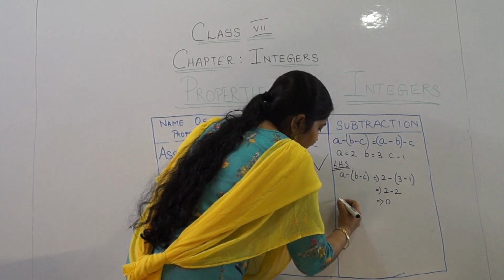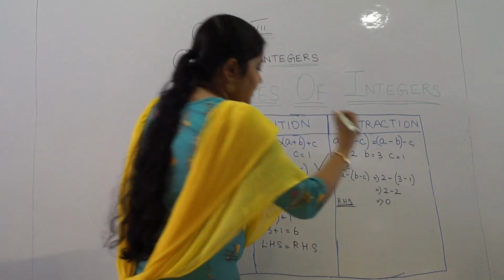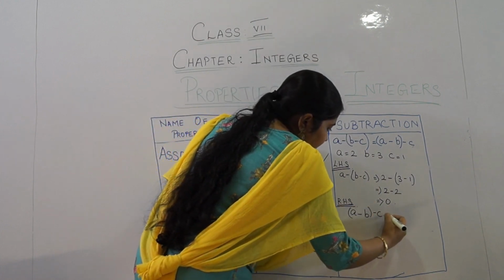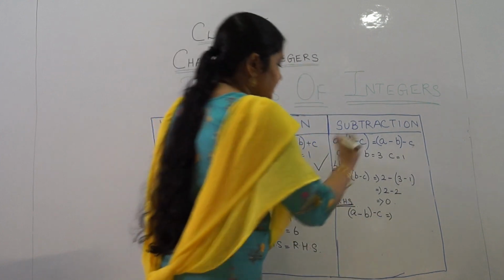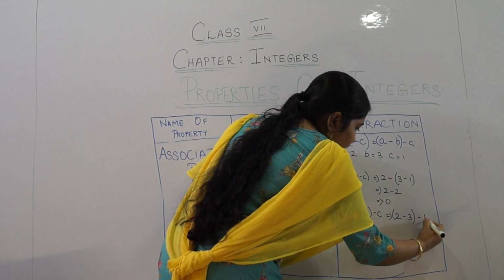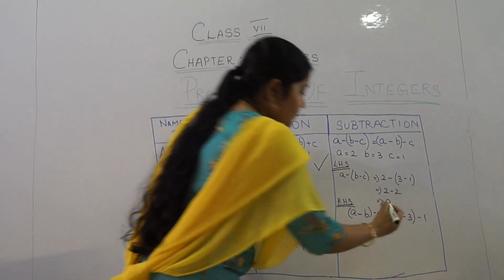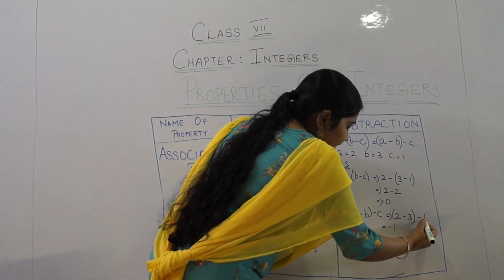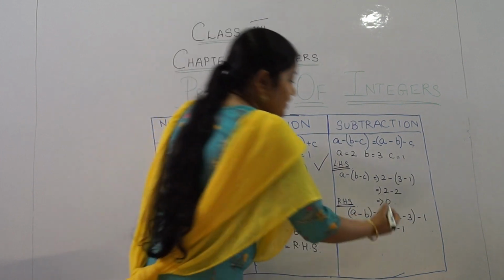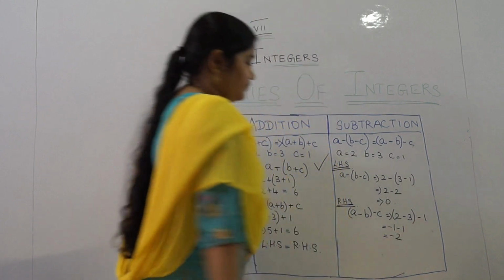Now let's check the value of the right hand side. It is nothing but (A minus B) minus C. So this is 2 minus 3 in brackets, minus 1. What is 2 minus 3? It is nothing but minus 1, and I write minus of 1. Now what is minus 1 minus 1? It is equal to minus 2.